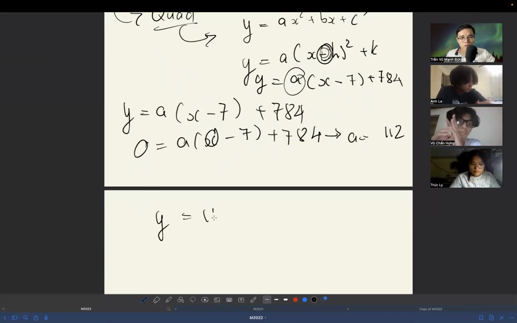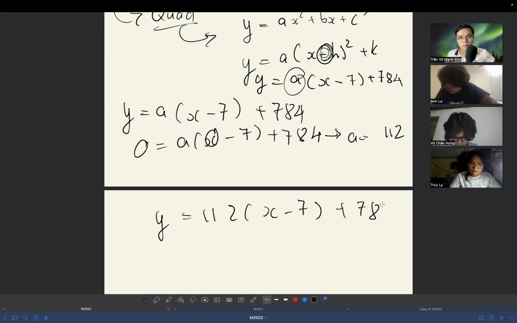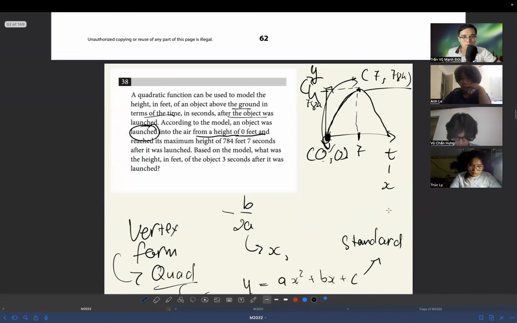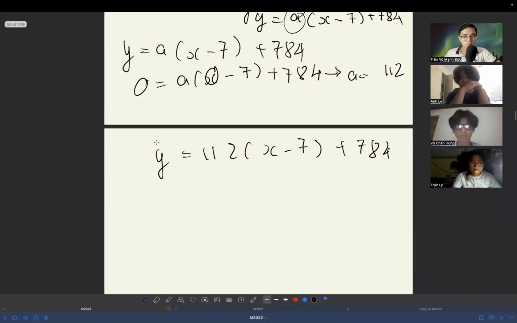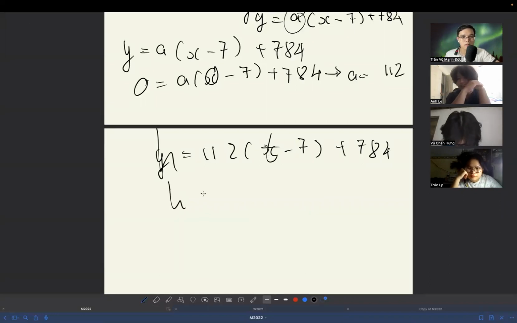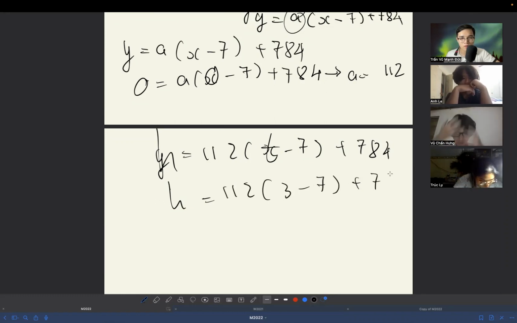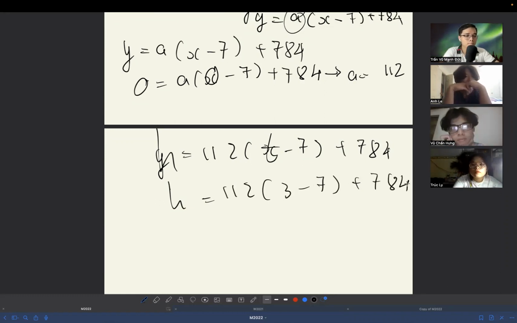Y equals 112 times x minus 7 plus 784. And what are they asking? What is the height? Height here is the y value after 3 seconds, the t value. So it is height equals 112 times 3 minus 7 plus 784.